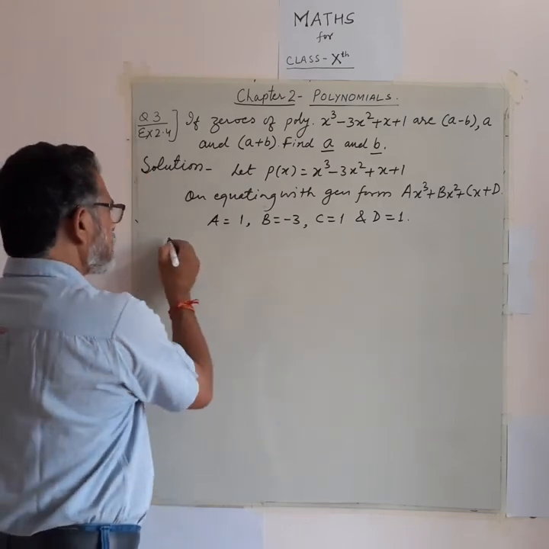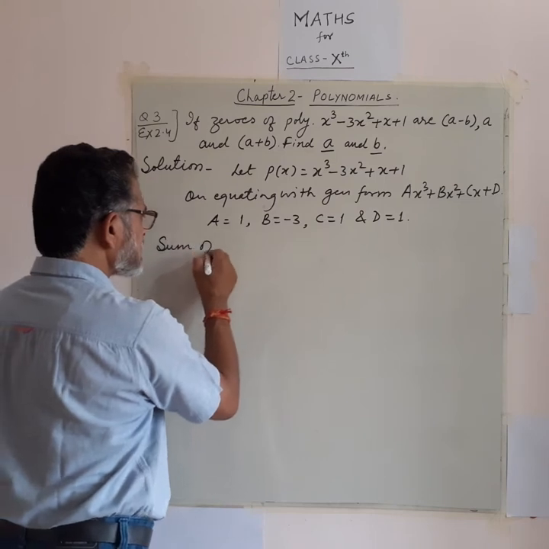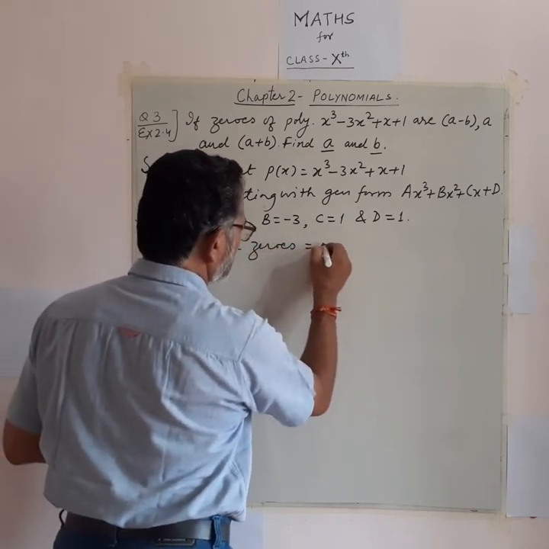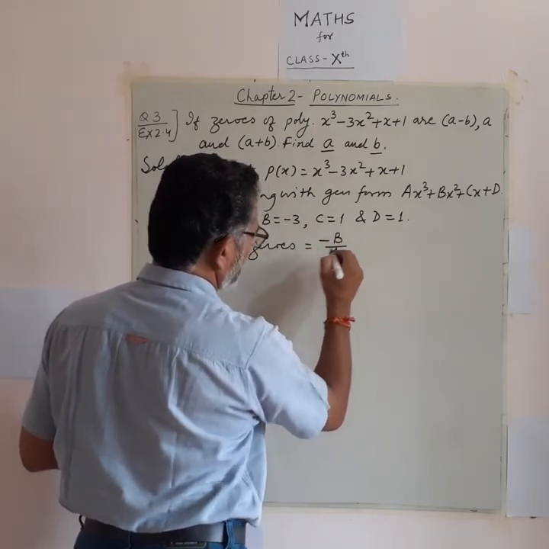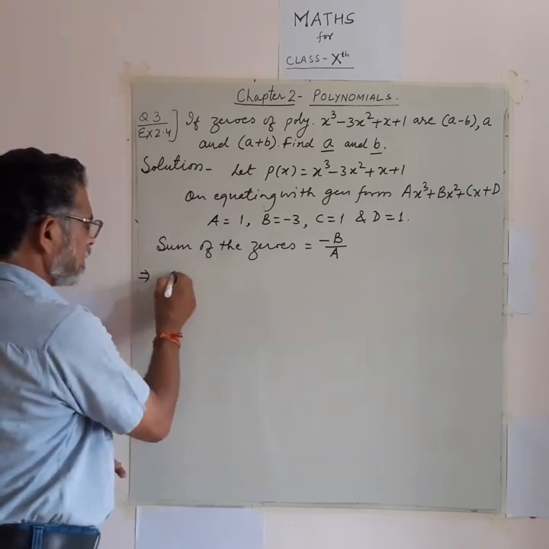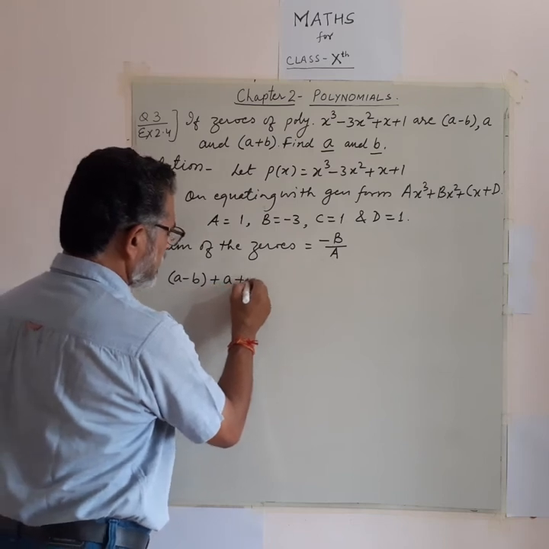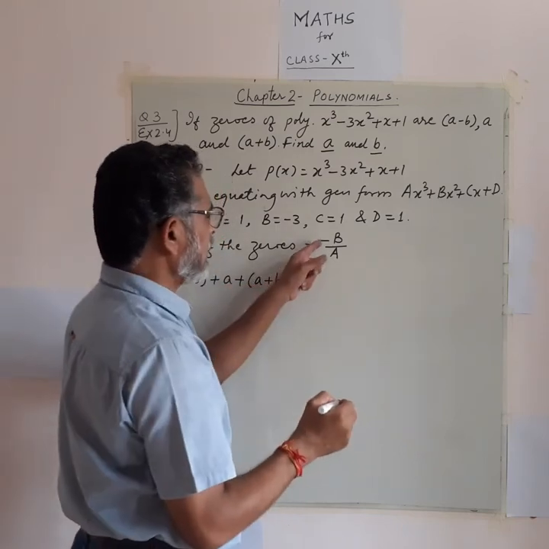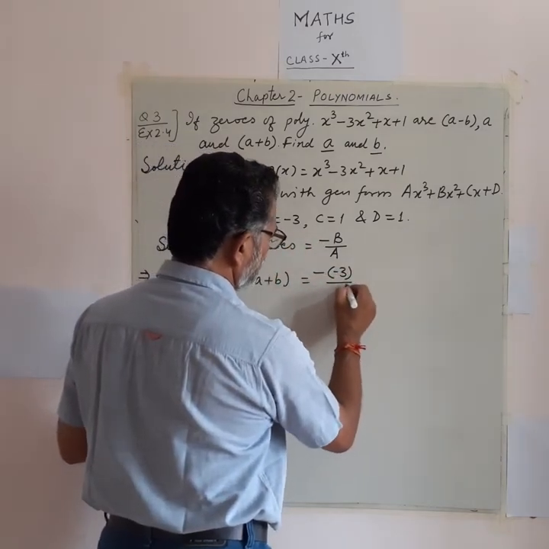Now what we know is that the sum of the zeros of a cubic polynomial is minus B upon A. Now what will be the sum? a minus b plus a plus a plus b equals minus of minus 3 upon 1.